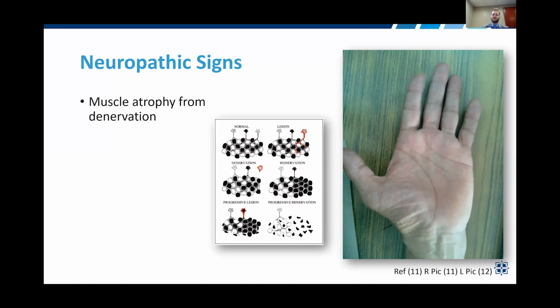Whenever you lose one of those axons, collateral sprouts will develop from a nearby motor neuron. However, there are limits to how they can compensate, eventually leading to progressive denervation and then atrophic changes.